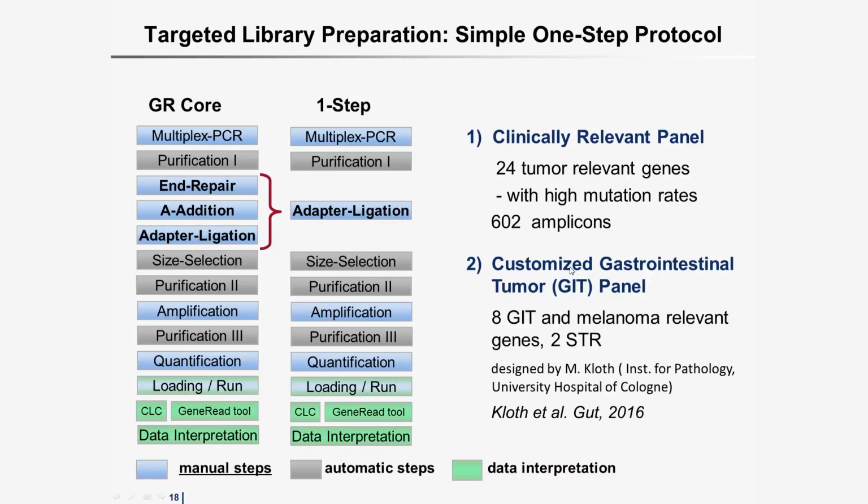And we also used a customized gastrointestinal tumor panel. It was designed by a colleague of mine, and it covers 8 gastrointestinal relevant genes and also some short tandem repeats.